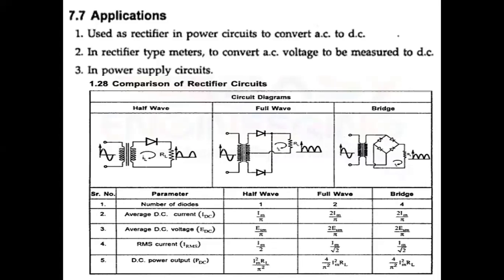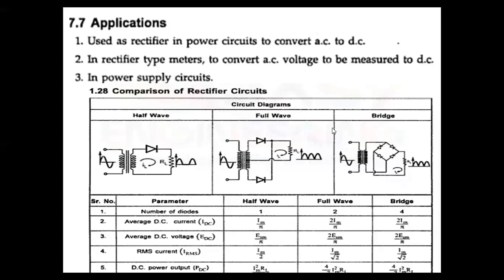If you remember the full wave values, it is easy to get the half wave rectifier because it is half of that. For example, the average DC current for the full wave rectifier is 2Im by pi. For the half wave rectifier it is Im by pi, only the 2 cancels because this is the half wave only. Like this we have.